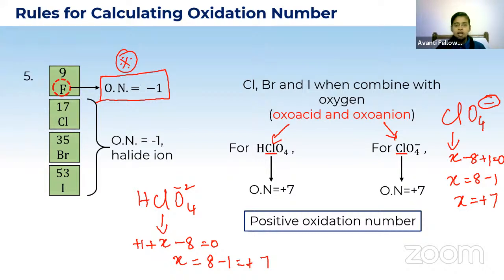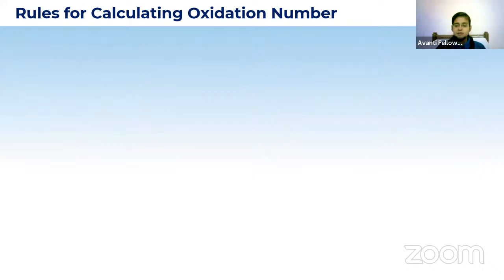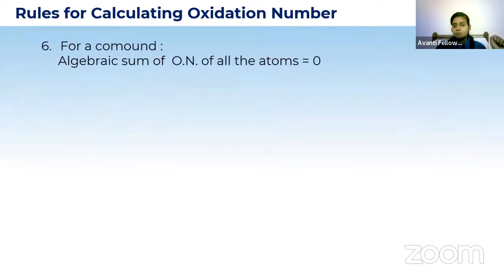So now we will go ahead with rule number 6. For a compound, the algebraic sum of the oxidation numbers of all the atoms is equal to 0. For example, let me take HClO4 itself.